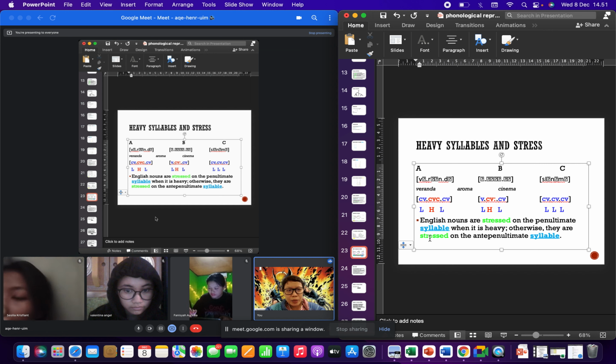Now you can see here, we mark the heavy syllable and the light syllable. Because here in this word we have three syllables, the first, the second, and the last, the second syllable occurs as the penultimate syllable.